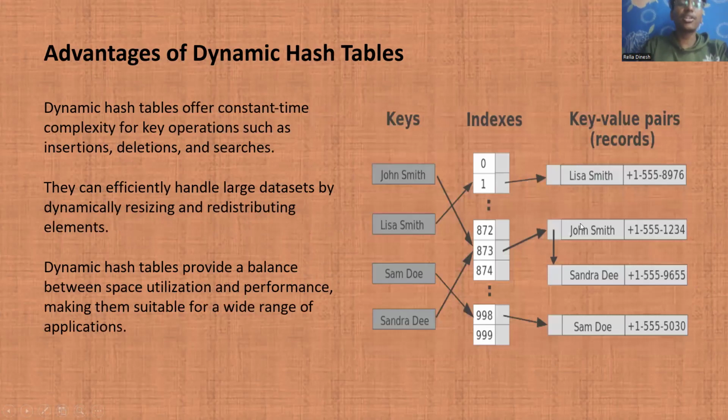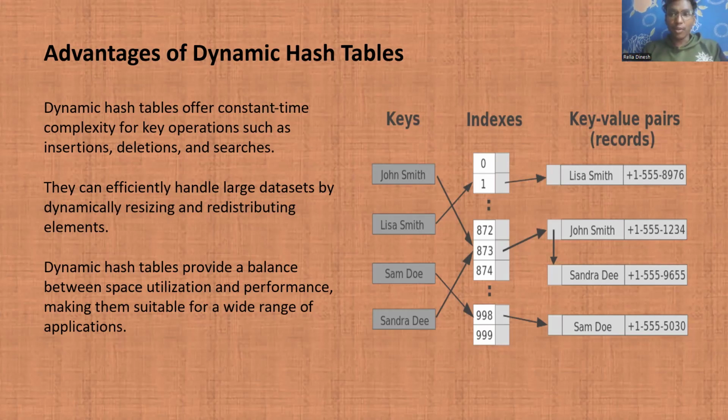Now we'll see the advantages of dynamic hash tables. Dynamic hash tables offer constant time complexity for key operations such as insertion, deletion, and search. They can efficiently handle large data sets by dynamically resizing and distributing elements.